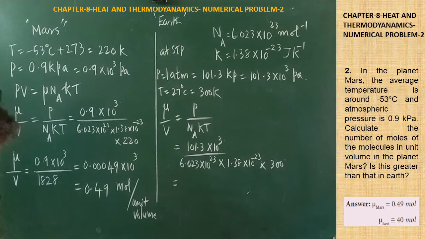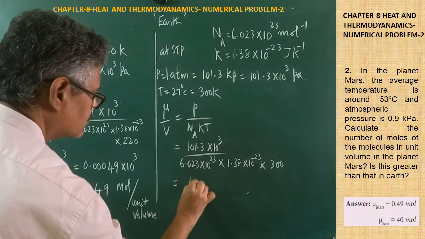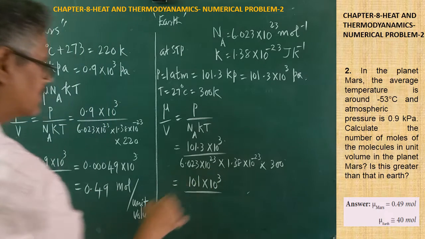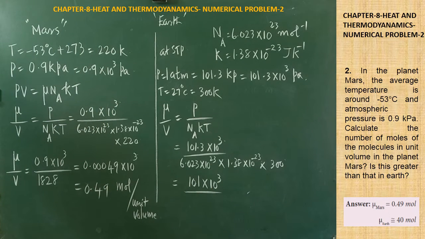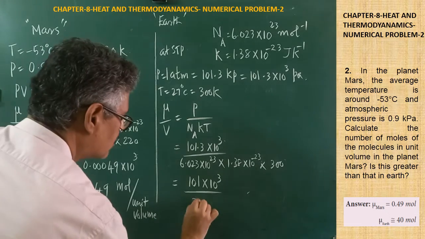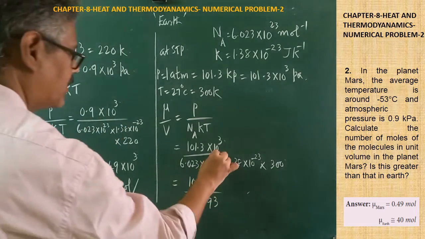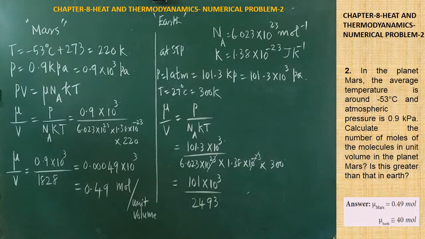So finally the answer would be how much? 101 into 10 to the power of 3. If the denominator values are multiplied, you will get 2493. These two can be cancelled. Are you clear?